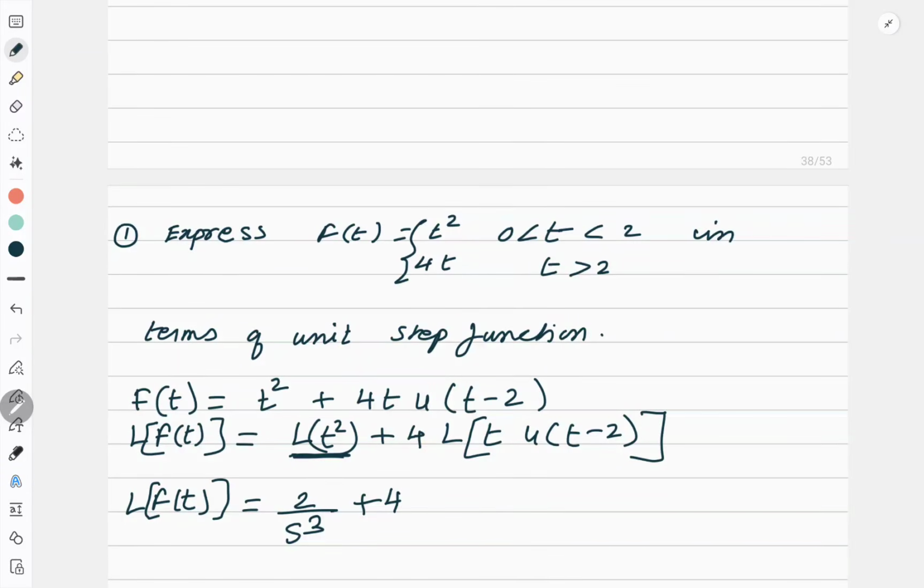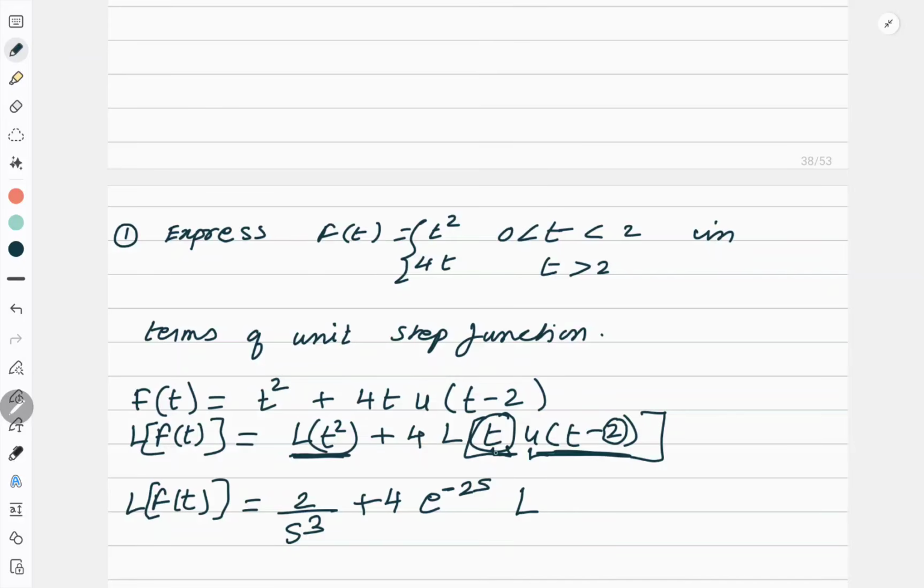Plus 4. Now when you are finding Laplace of a function with unit step function, that is case 3 I have explained. There is a function with unit step function. So what do you have to do? First recognize your a. What is a here? This is your a. So you will write e to the power minus as, so minus 2s. Then Laplace transform of the function. What is the function here? t.